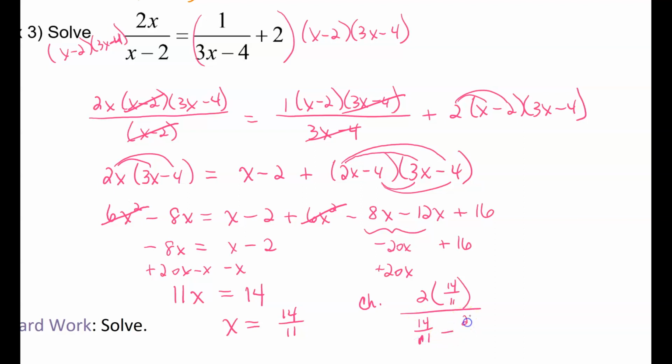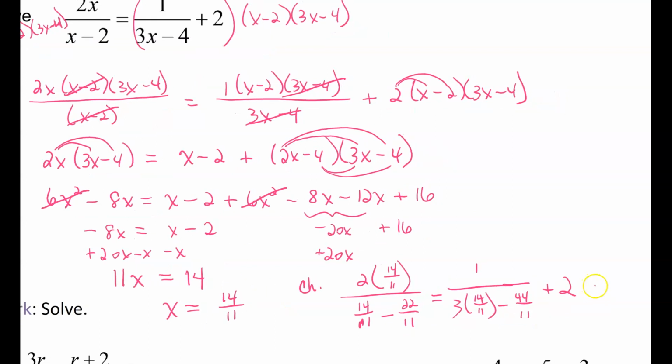Minus, I need a common denominator, so I'll do 22 minus 11 equals 1 over 3 times 14 over 11 minus, again, common denominator, that'll be 44 over 11 plus 2. Okay, not very pretty. I'm not going to work through it all the way. I will tell you, yes, it does indeed work. And so our solution is 14 over 11.